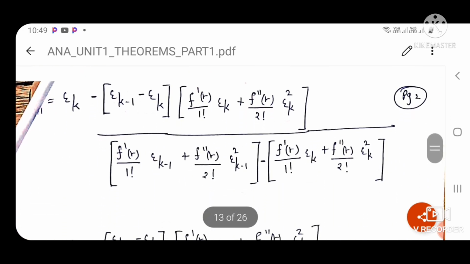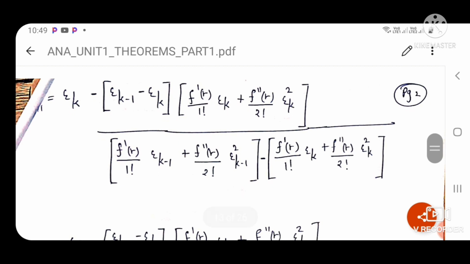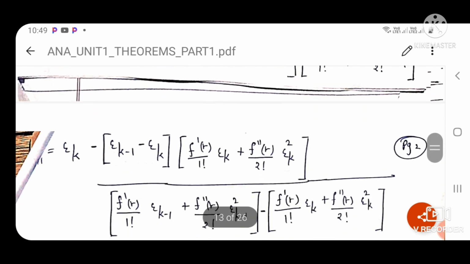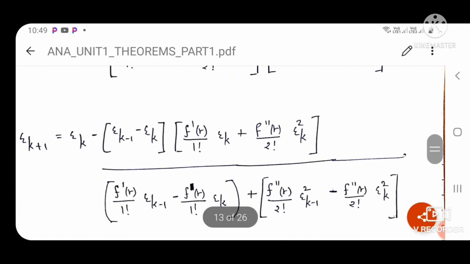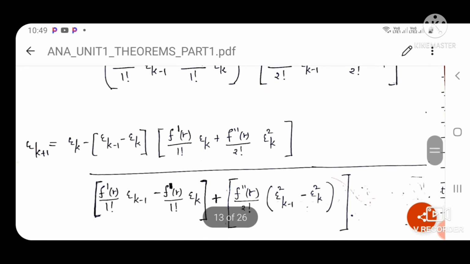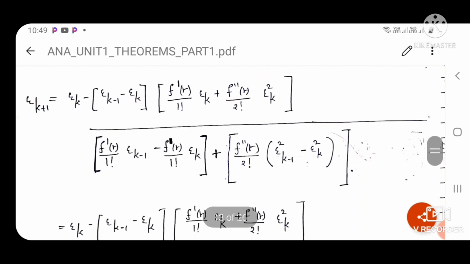Now we're just proceeding. It's just a simple procedure. All right, nothing much. Now what you guys were supposed to do is get the f dash of r by 1 factorial terms together and get the f double dash of r by 2 factorial terms together, and by doing so you will get this follow-up step.